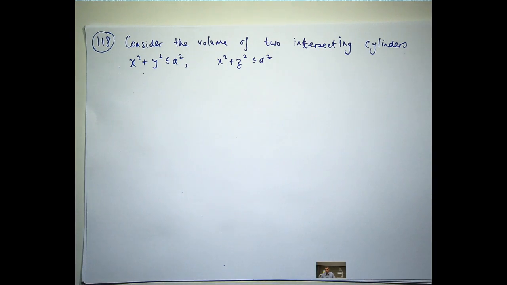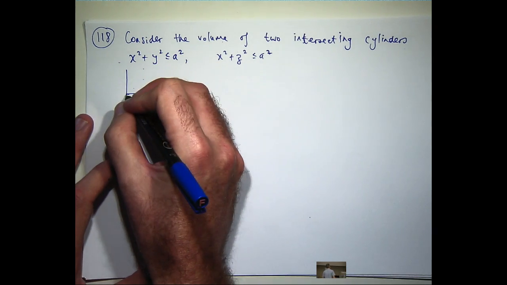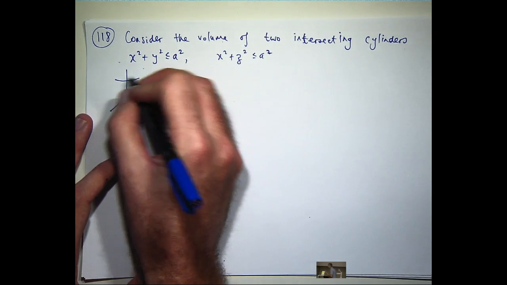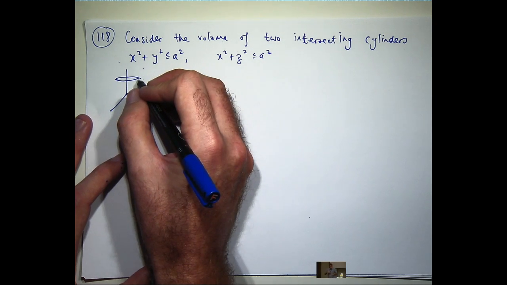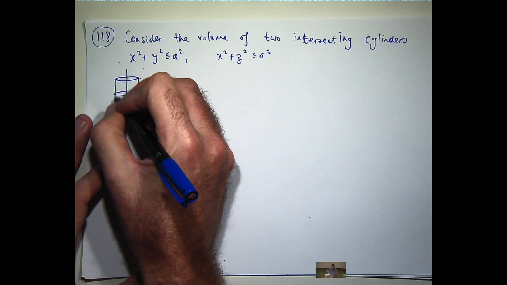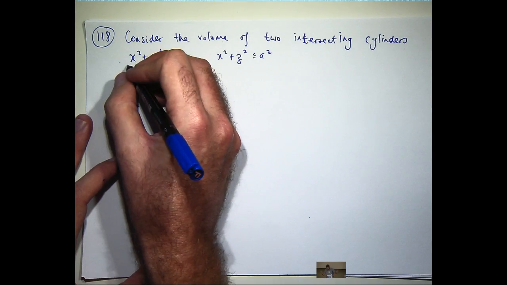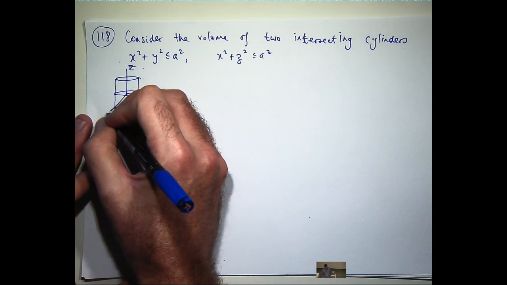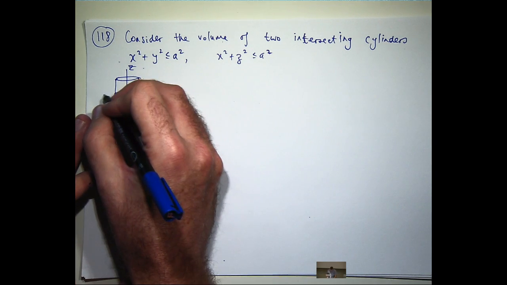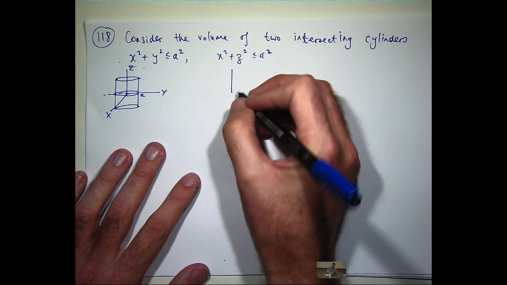Okay, so I'm just going to draw them separately and then hopefully you can visualize. Okay, that's the vertical one. And the horizontal one is going to look something like this.